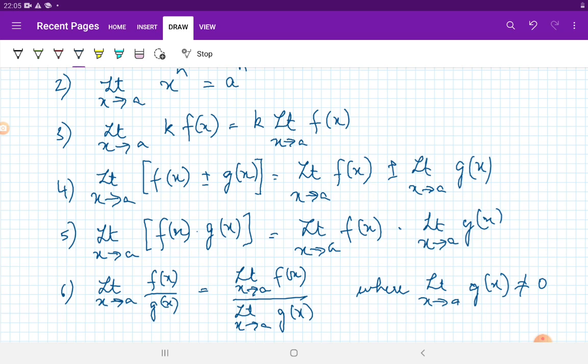This exception condition is made so as to ensure that your ratio is well defined and not indeterminate.